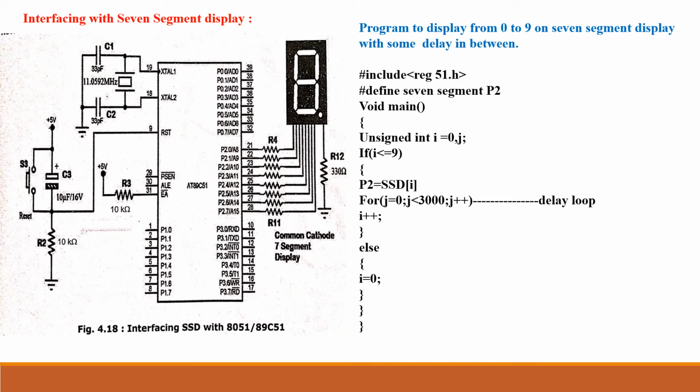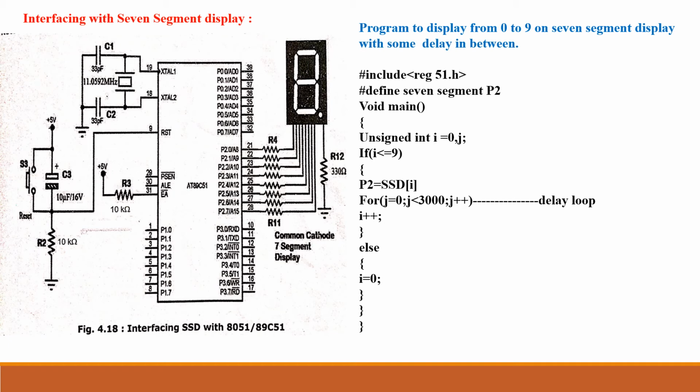Port 2 को 7-segment display connected है, वो 7-segment display पे आपका value जो है वो display होगा. It remains as it is for some delay. So the for loop is used to create the delay. Then you increase the value of I, and this process continues till I equals 9.